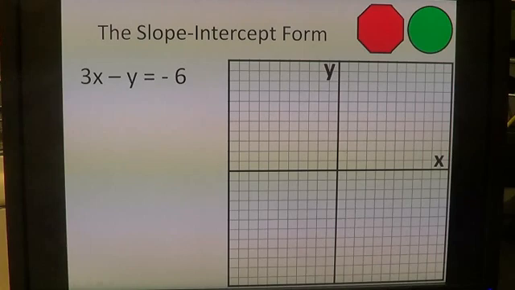Well, let's see. I got to get positive y on one side by itself, and I have a couple of options here that I could do. What I really have here is a negative 1 that's connected with my y, and this is a positive 3x, and this is a negative 6x.